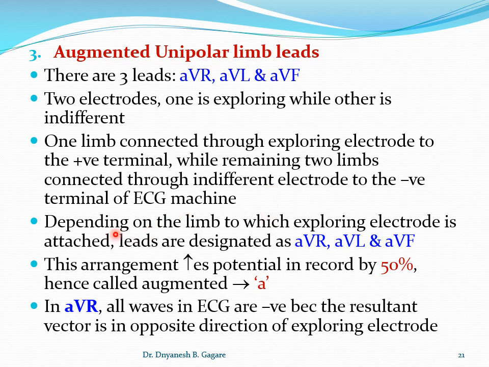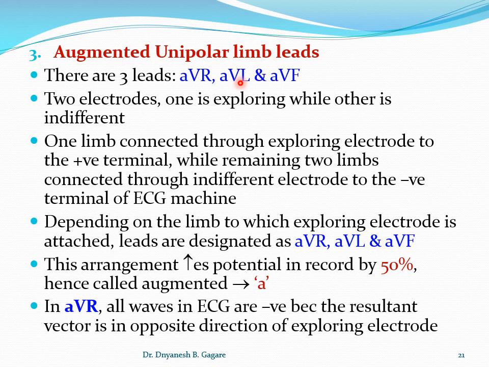Now the next point: depending on the limb to which the exploring electrode is connected. Here I said one limb is connected to the exploring electrode, so which limb you use matters. If it is connected to the right arm, then it is designated as AVR.